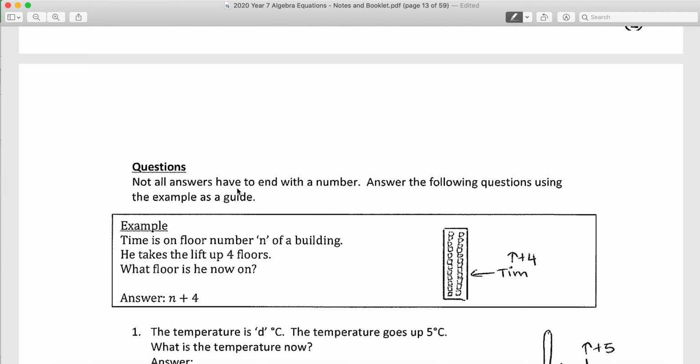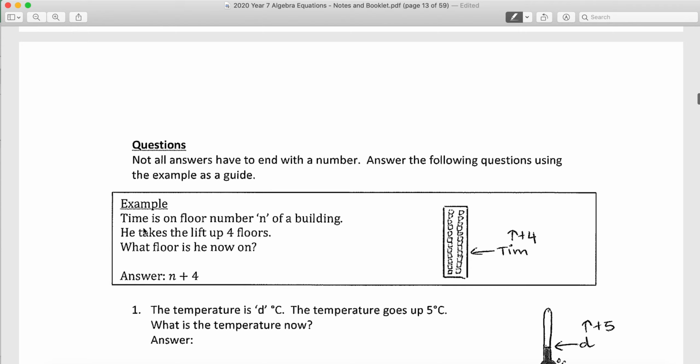Questions. Not all answers have to end with a number. Answer the following questions using the example as a guide. So, we're going to do this example together. Tim is on floor number N of a building.